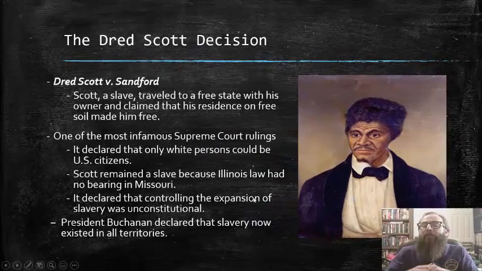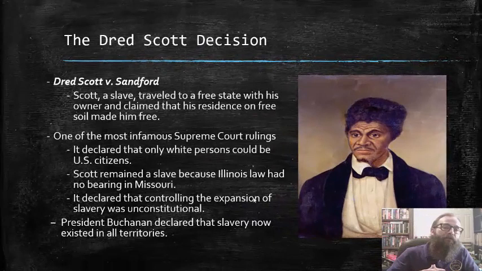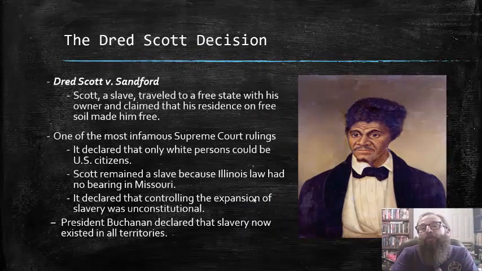Before we really get into our discussion of Lincoln and his rise, we need to discuss another one of those seminal events of the 1850s that galvanized those tensions between pro and anti-slavery forces in the United States. And this was the infamous Dred Scott decision.